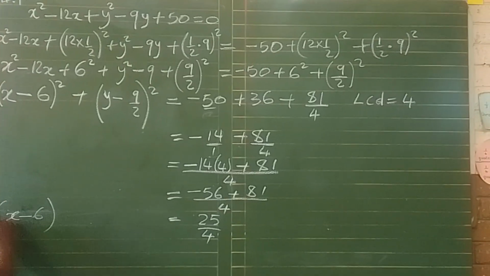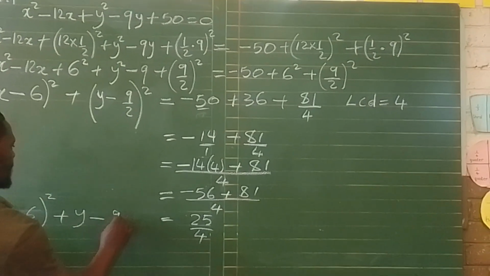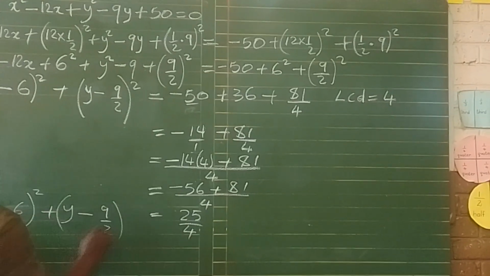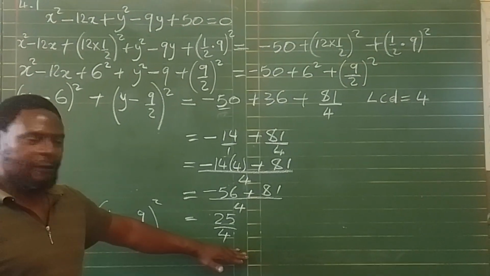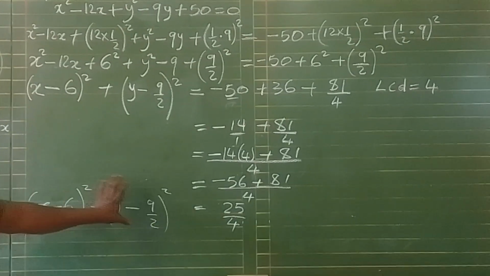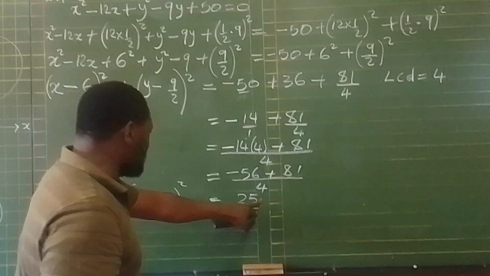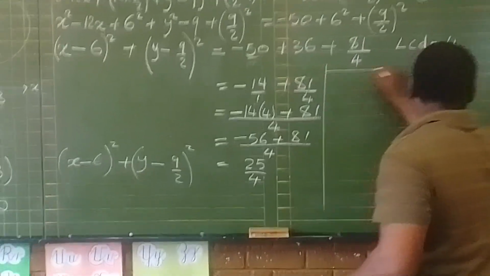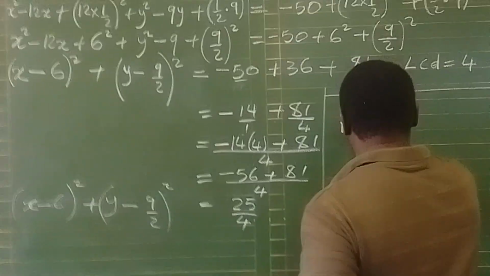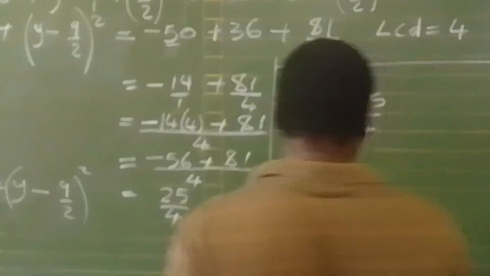This 25 over 4 comes from (x minus 6) squared plus (y minus 9 over 2) all squared. Remember, this is r squared, which is x squared plus y squared equals r squared. Therefore, take this value because you are going to need it in the future. r squared is equal to 25 over 4.